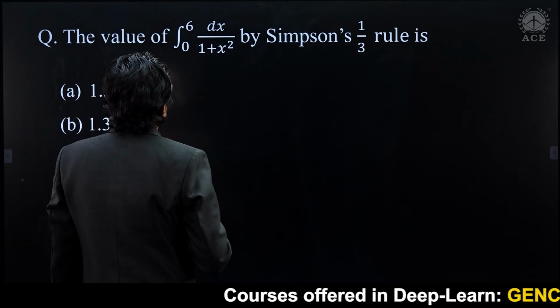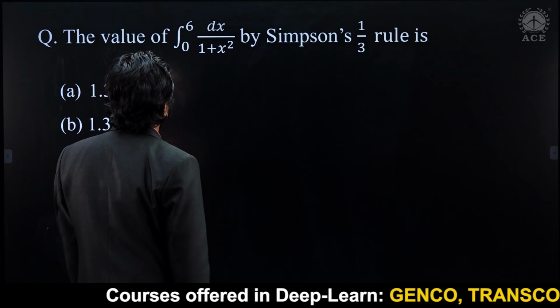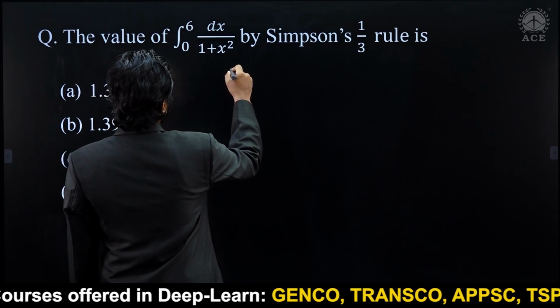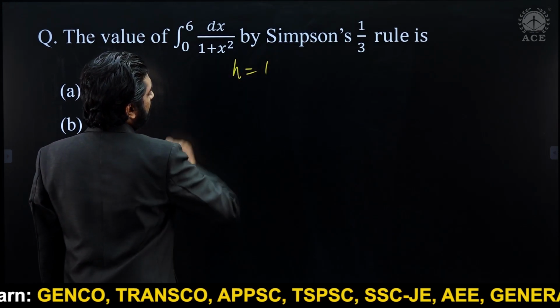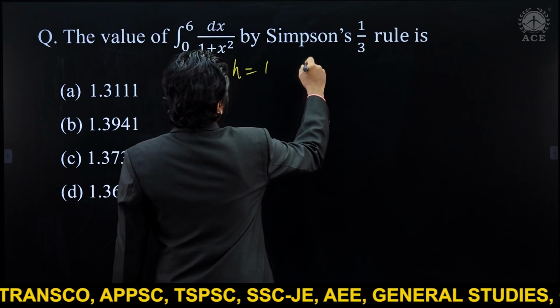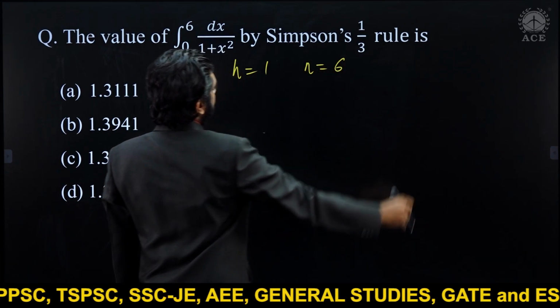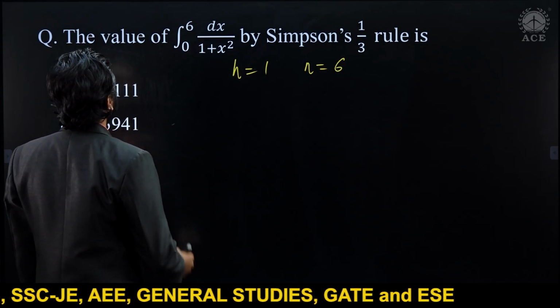So what would be the process? I have taken step size to be 1. If you take the step size as 1, then the number of subintervals you will have is 6. So what would be the Simpson's rule?